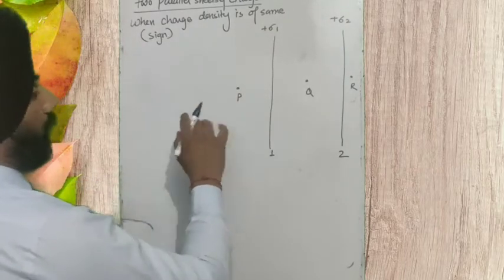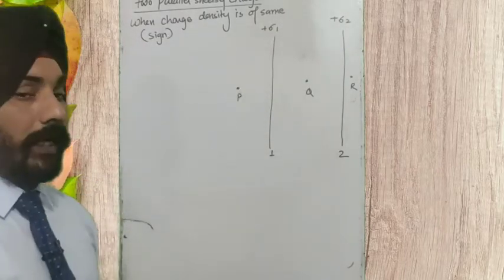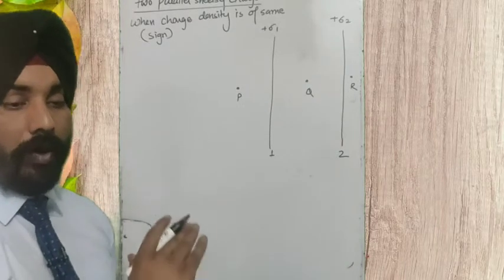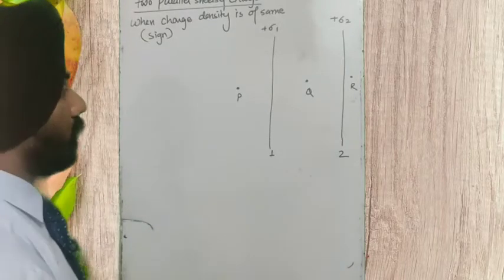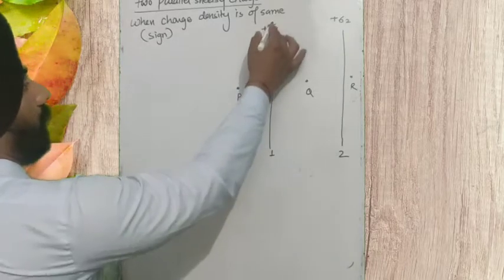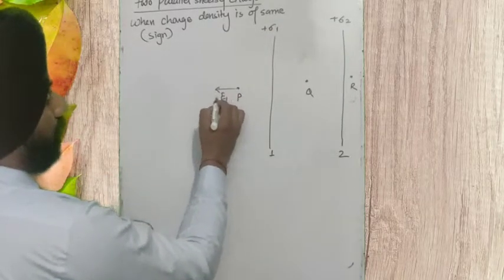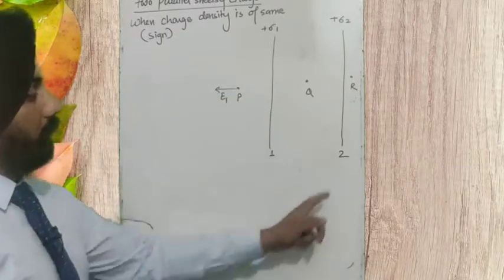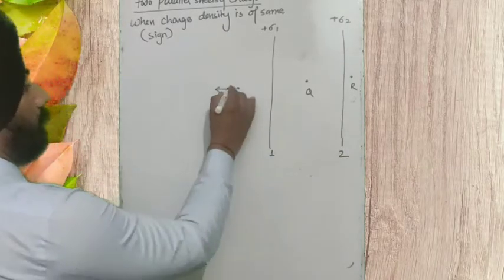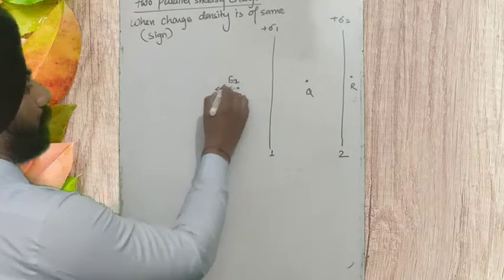So now at point P, due to positive charge, electric field intensity is always away. This thing we have to keep in mind. Due to the first sheet of charge, electric field E1 will be away from the sheet, and for sheet 2 also it will be away from the sheet.